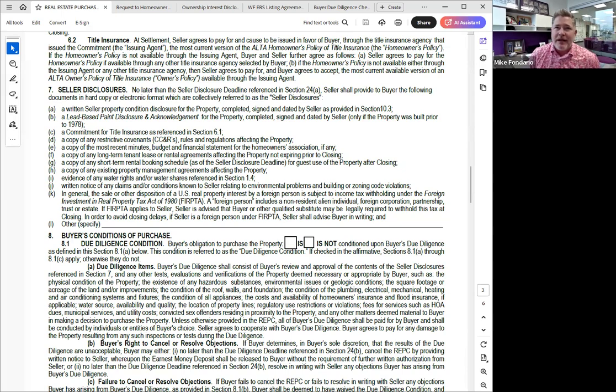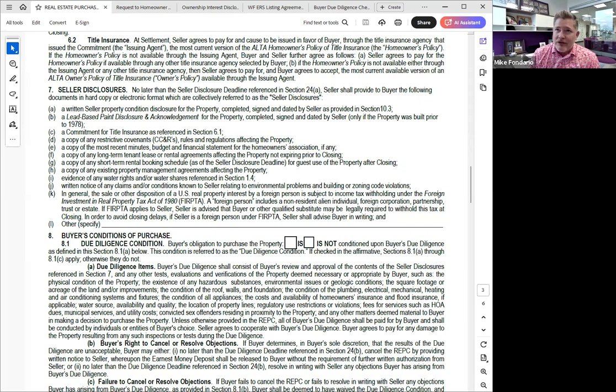Paragraph 7A, a written seller property condition disclosure for the property completed, signed, and dated by seller as provided in section 10.3. B, a lead-based paint disclosure and acknowledgement for the property completed, signed, and dated by seller only if the property was built prior to 1978. And C, a commitment for title insurance as referenced in section 6.1.